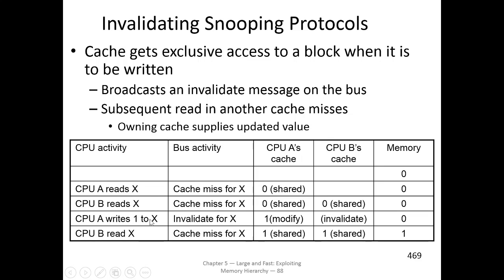CPU A writes 1 to X and the bus activity is an invalidate for X, so it marks the other copy to invalidate. CPU B reads X, cache miss for X, so it has to go get it. This is kind of what happens in the snooping example to keep everything up to date.